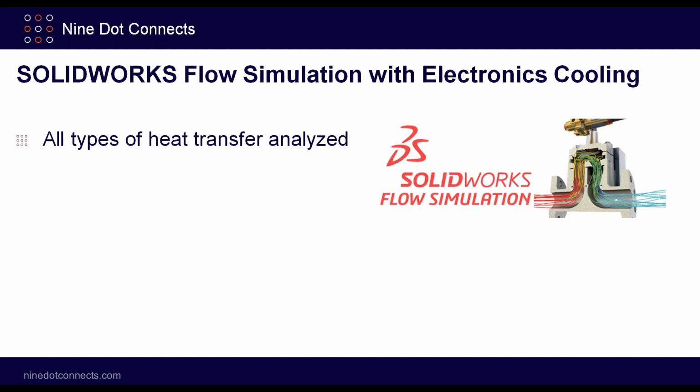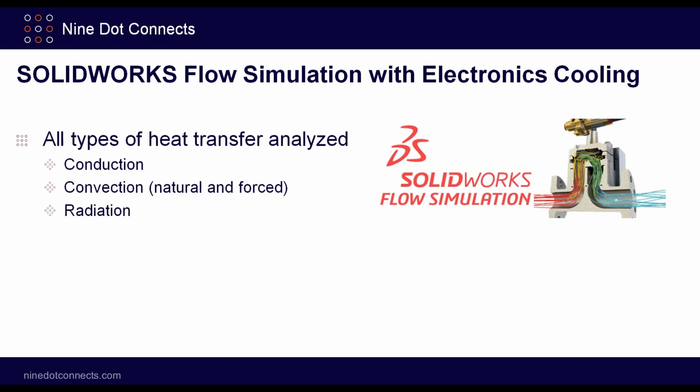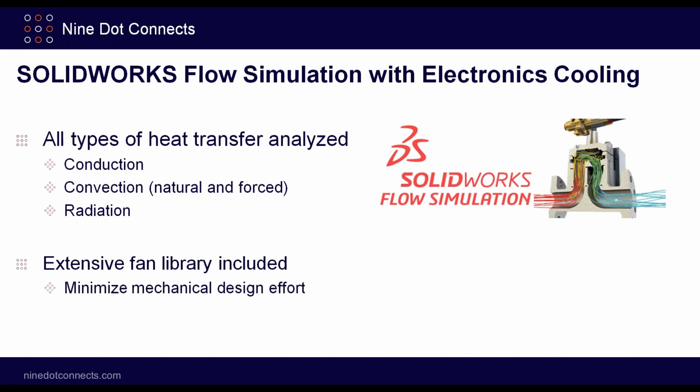So with flow simulation, you can do all kinds of heat transfer. Conduction is your basic style of heat transfer. Convection, and that means both natural and forced. And radiative. So the tool offers everything we need to get started, but it also has an extensive library of things. For example, it has a fan library, and that is huge.